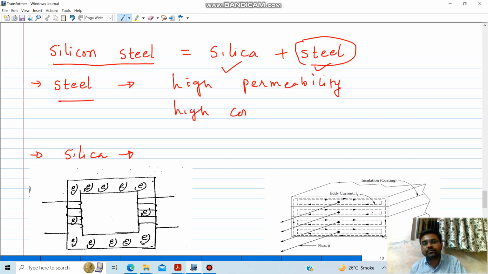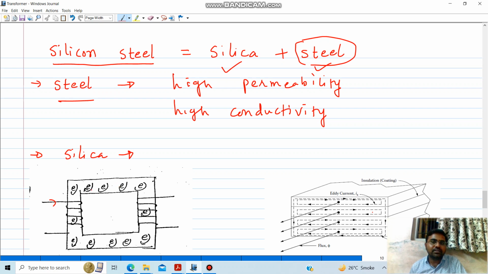So if we use only steel as the core material, then due to flux linkage there will be more current, which is also known as eddy current.